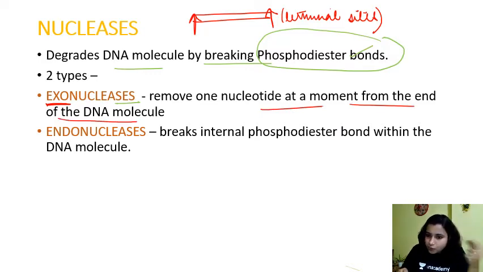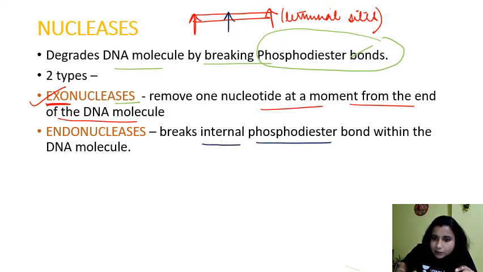But endonuclease will work on this side. That means it breaks internal phosphodiester bonds. It will work within the DNA segment, right? That's why we call it endonuclease, because it works within the DNA molecule.